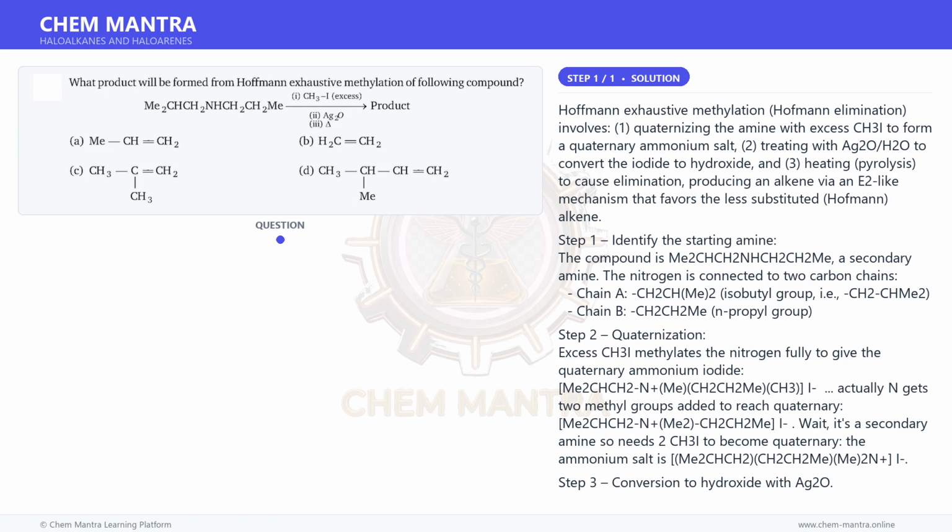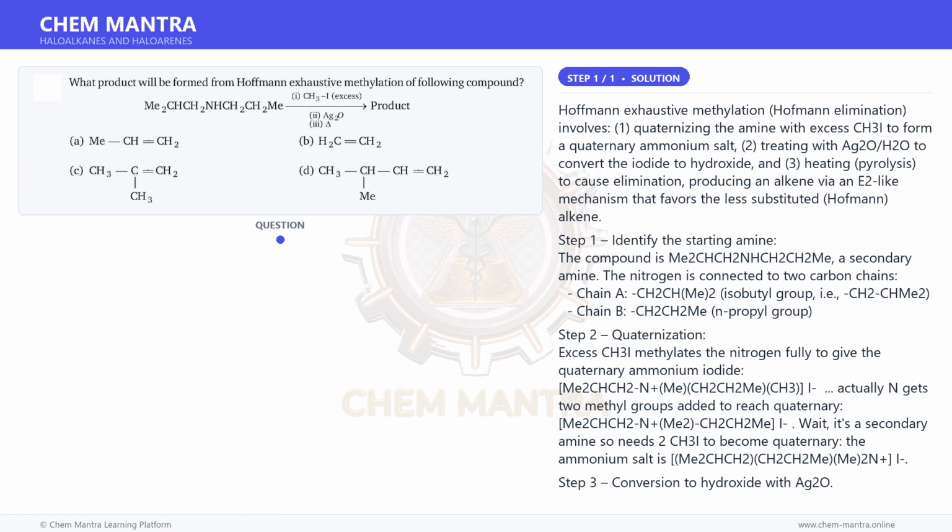Why other options fail? B. H2C=CH2, ethylene, would require elimination from an ethyl chain, but there is no ethyl group directly. The N-propyl group gives propene, not ethylene. C. 2-methylpropene, Me2C=CH2, would be the Zaitsev product from the isobutyl chain, but Hofmann elimination avoids the more substituted alkene.